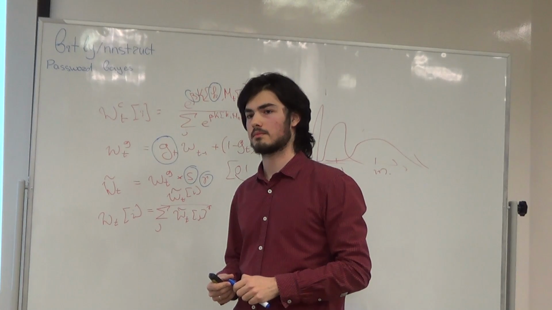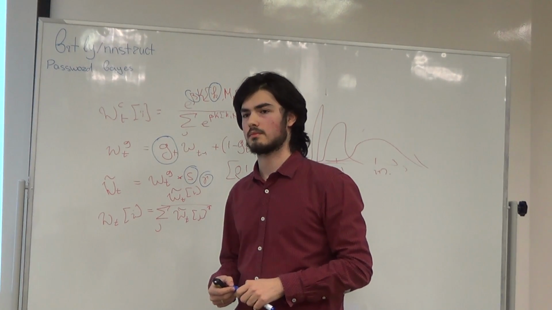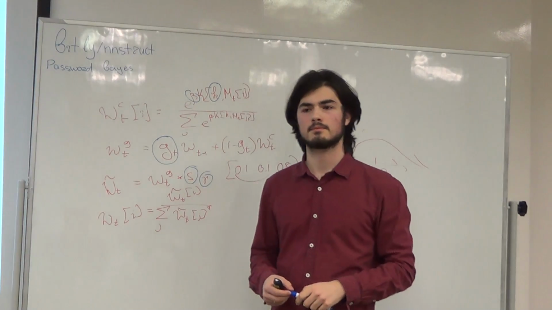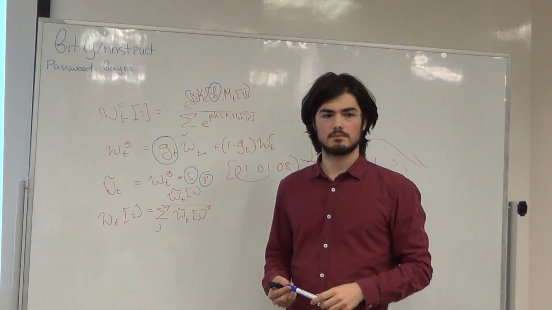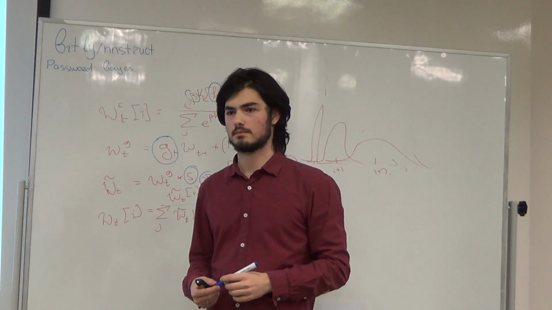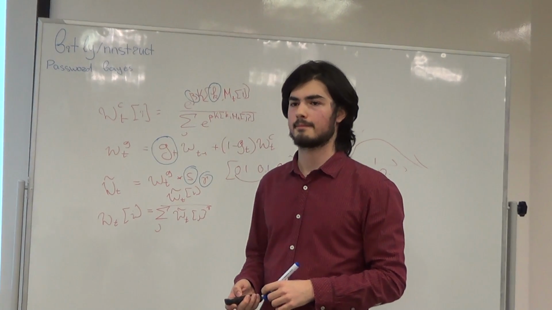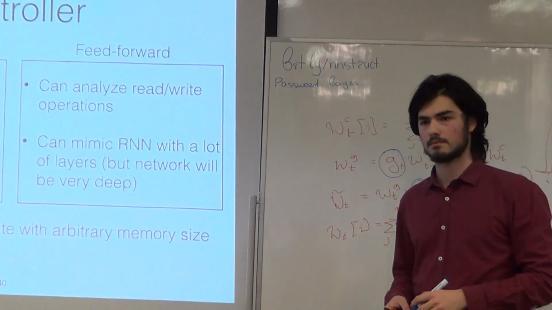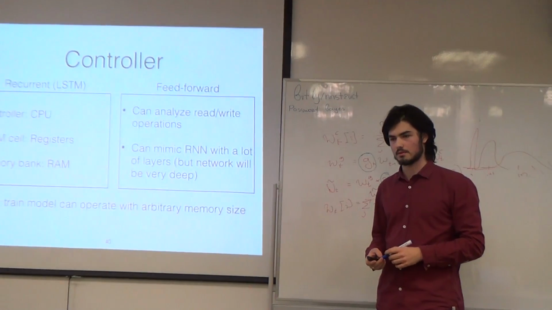And in the feed-forward controller, there's no short-term memory. Yes. But in principle, you can put anything you want in the memory, but it can be hard to learn to do. Okay, so I agree that these are two different types of architectures, and probably they should result in memory networks with different properties. Yes.